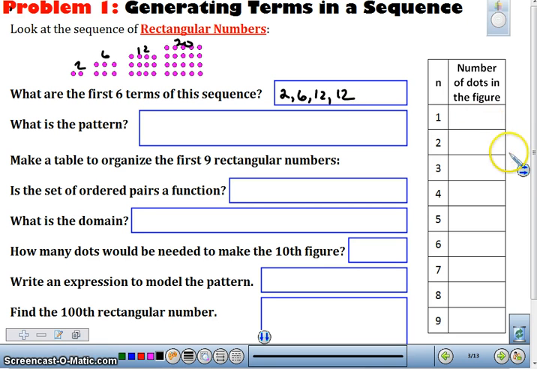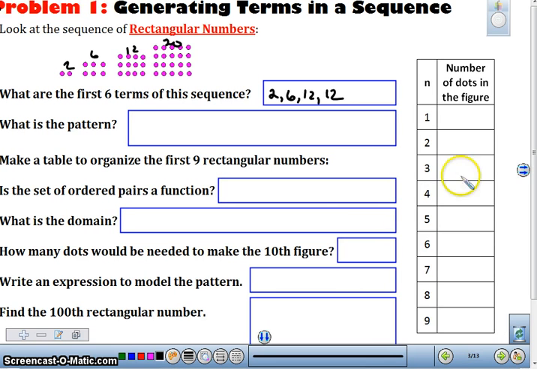If we look at our dots, the first number had 2, then 6, then 12, then 20. I only listed the first 4, and we need to keep going. Looking at the pattern, in our rectangular number, we have 1 times 2, length times width.